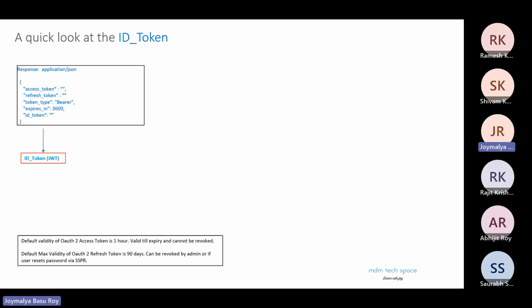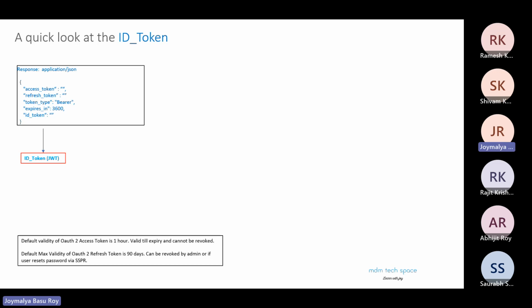A bearer means this token is itself not a token, but contains other tokens within itself. So a bearer token is a carrier token because it is carrying the access token, the refresh token, and the ID token. It's in the form of a JWT, Java Web Token.